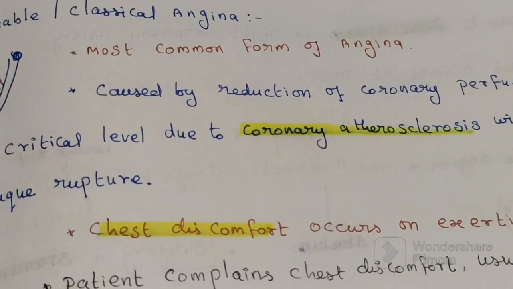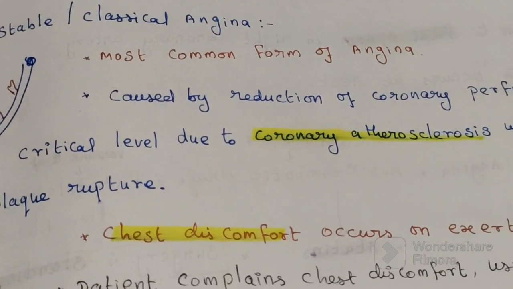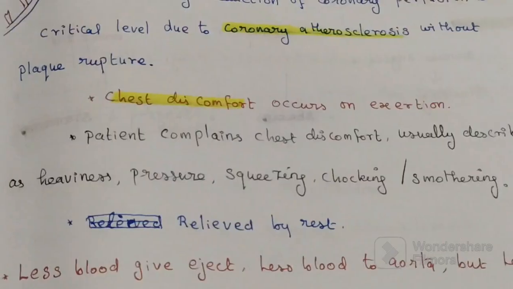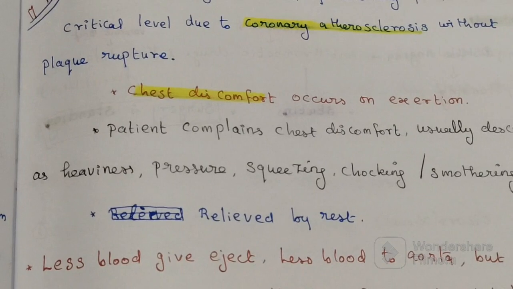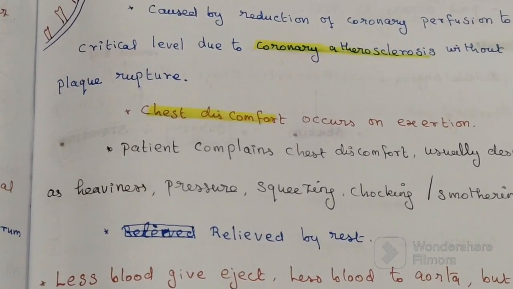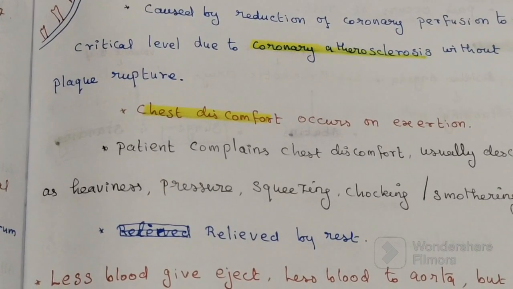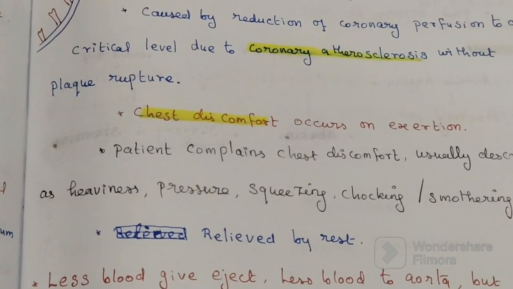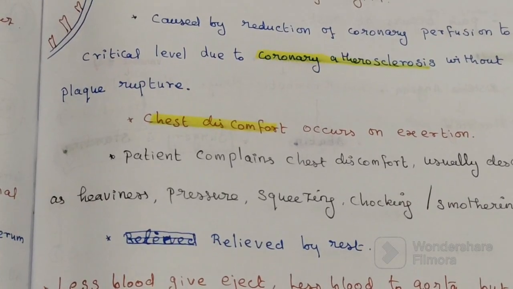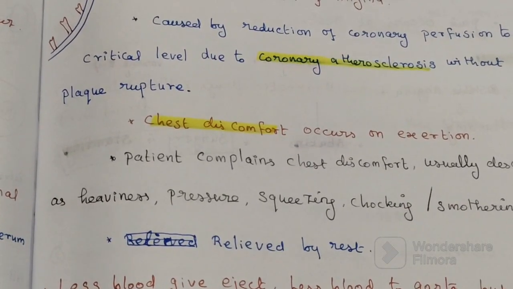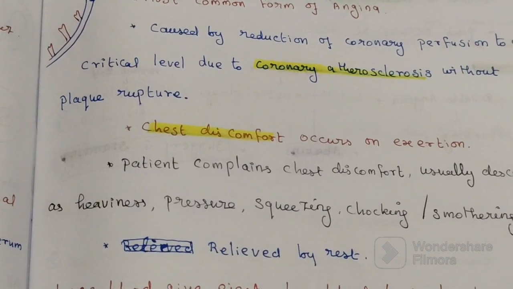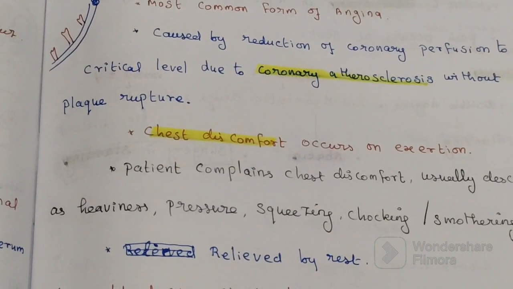Stable or classical angina is due to atherosclerosis, but the atherosclerosis never completely obstructs. If someone has an atherosclerotic plaque partially obstructing the lumen of the coronary artery, the heart wall is still getting blood.